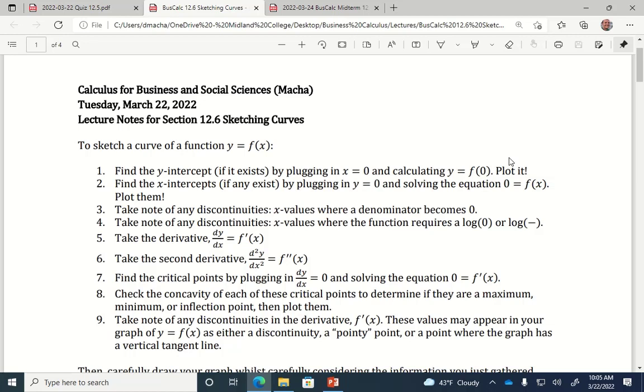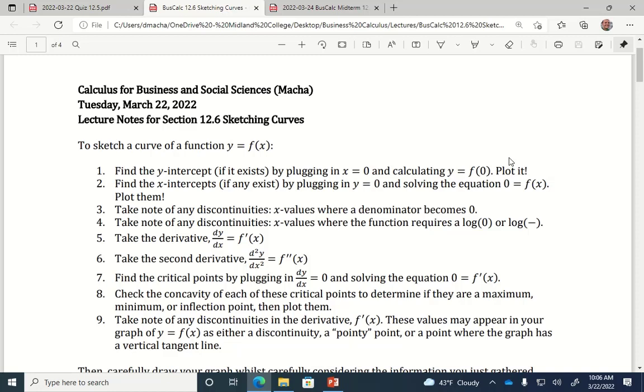Step 2 says find the x-intercepts, and this is always more difficult because you got to plug in y equal to 0 and then solve your equation for x. You might not be able to do that. Just a heads up. You might not actually be able to do number 2. But you're going to try these steps, and the steps that you can do, that's what you're going to do. Just try your best. Do as much as you can.